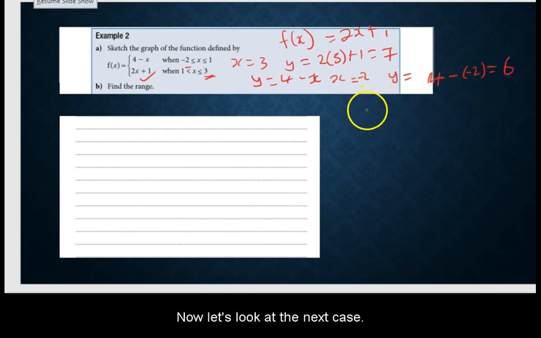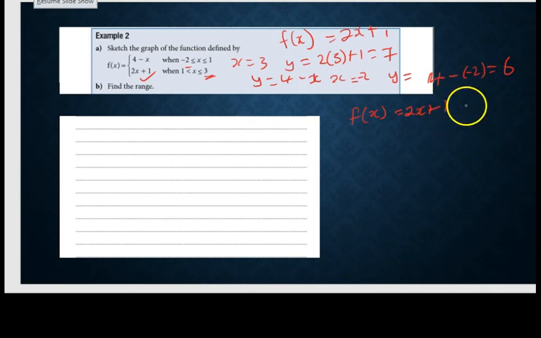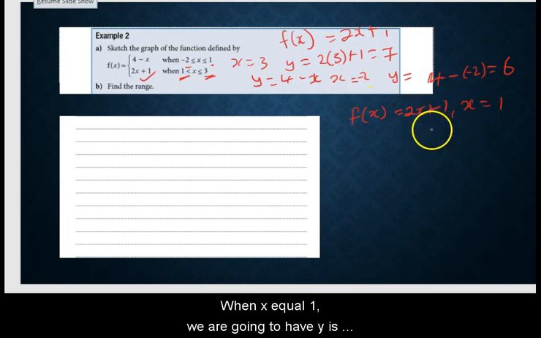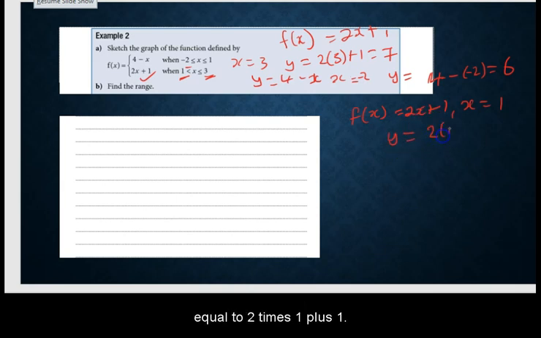Now let's look at the next case. The function f of x for 2x plus 1, when x equal 1, we are going to have y is equal to 2 times 1 plus 1.